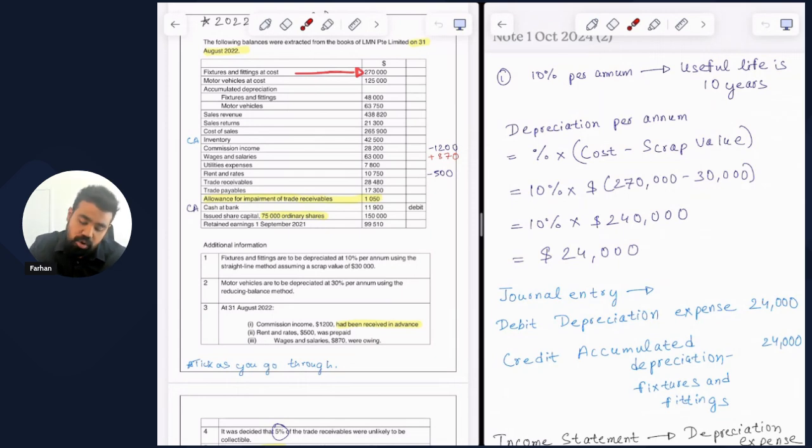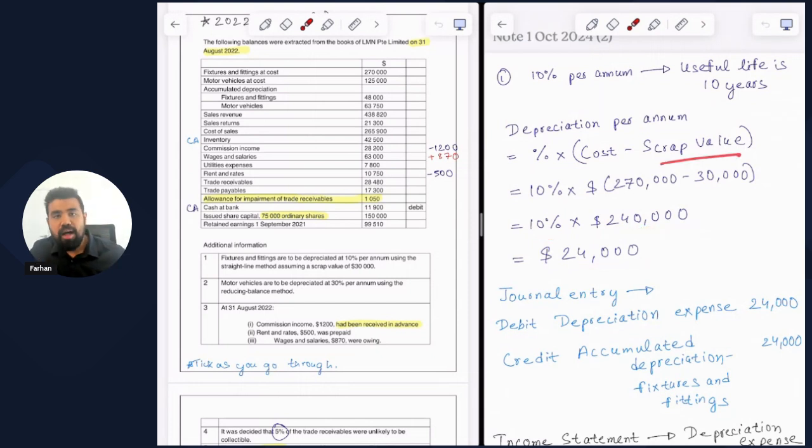And then you're subtracting the scrap value of $30,000, which is given in the additional information. So once you find the difference, which is $240,000, you multiply 10%, and altogether the depreciation for the year is $24,000.